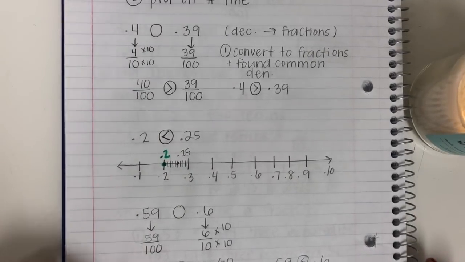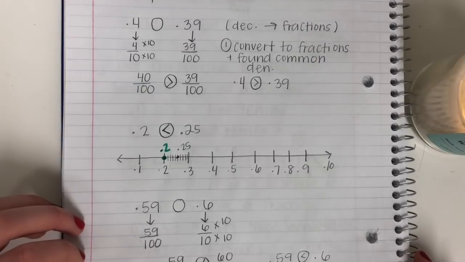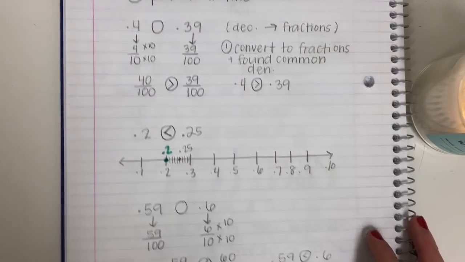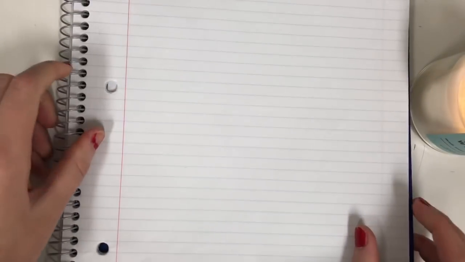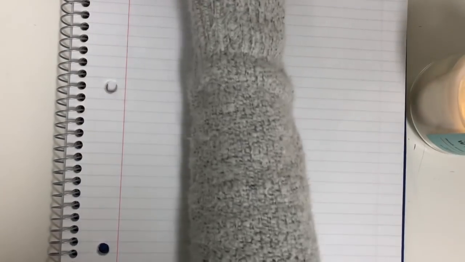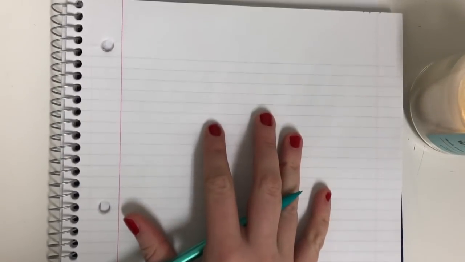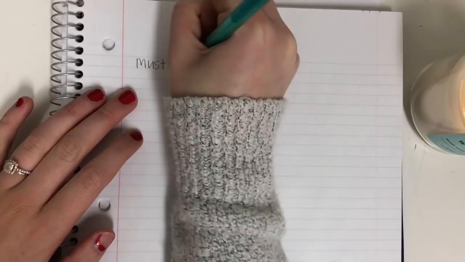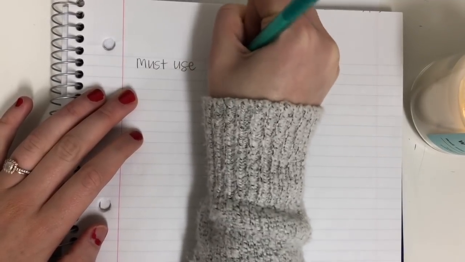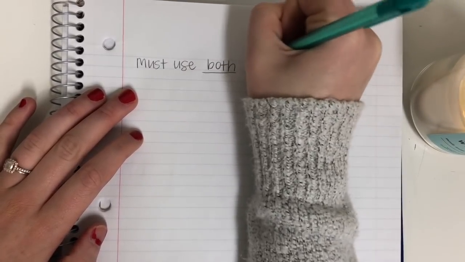Okay? Alright, I'm just going to give you one to work on tonight, and then we'll practice more tomorrow. So let's flip it over. I'm going to give you one, and I want you to use both ways. So you must use both.